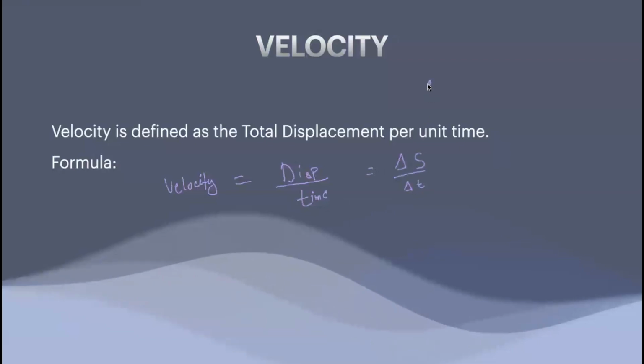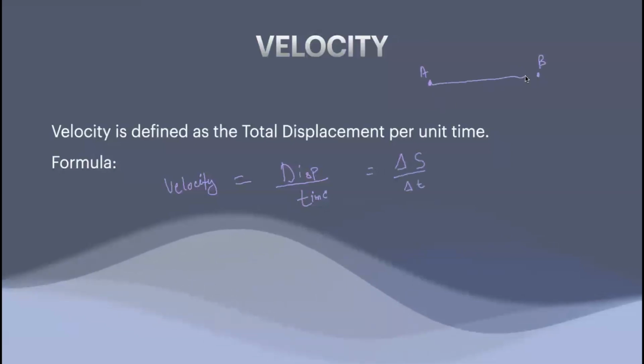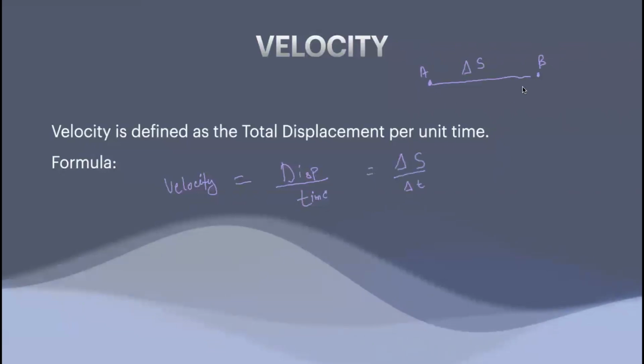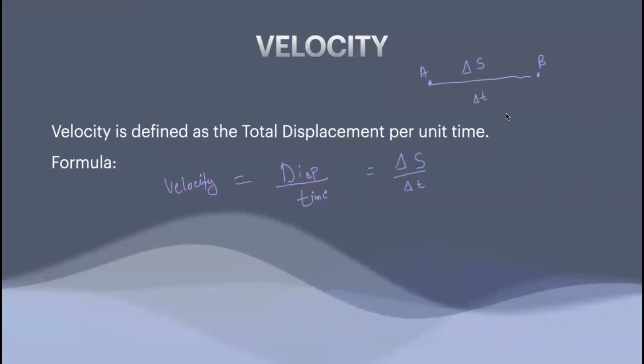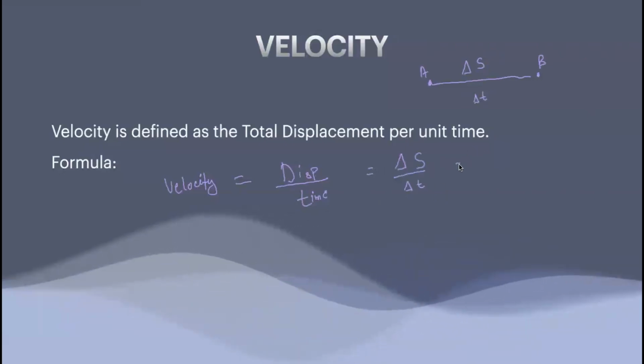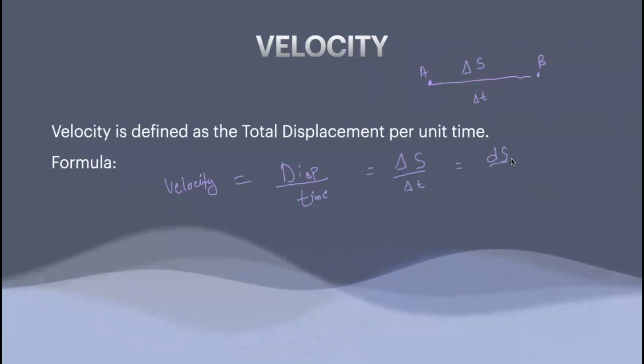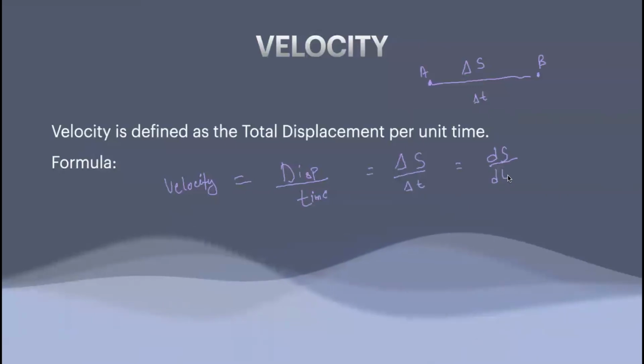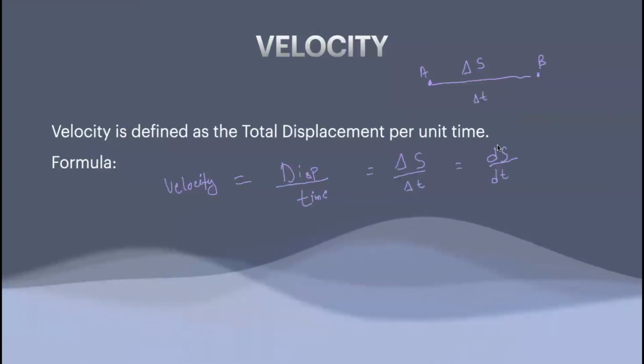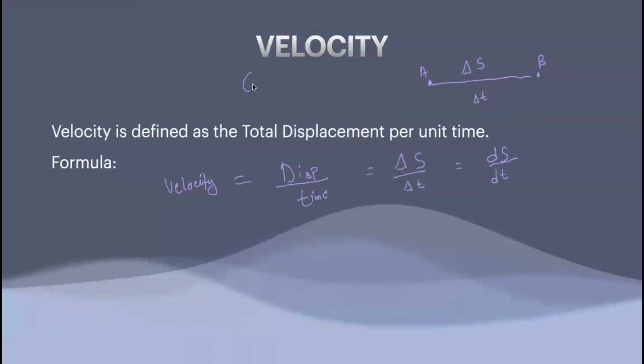Assume you have a point A and a point B, and the car traveled from A to B. This is delta S, and the time taken for the car to move from A to B is delta t. Now, if the time is small, you can write it in differential form, which is ds upon dt. Is this clear?